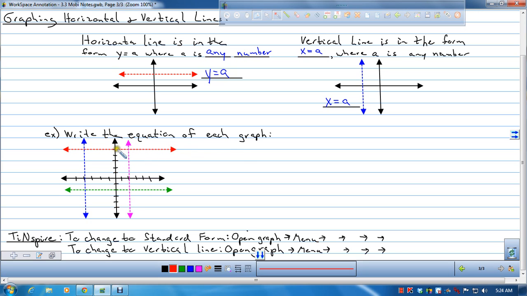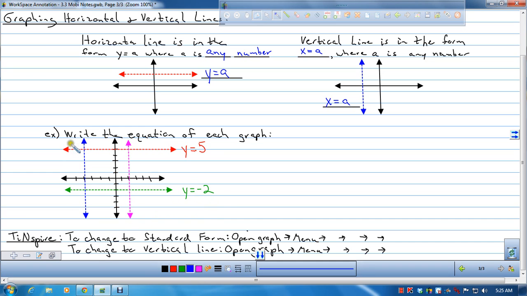Well, that has a y-intercept, so I should know that that is going to be y equals, and what is my intercept? 1, 2, 3, 4, 5. So that is y equals 5. Let's go down to this green one. Again, that has a y-intercept and no x, so that's going to be y equals, and I went down 2, right?